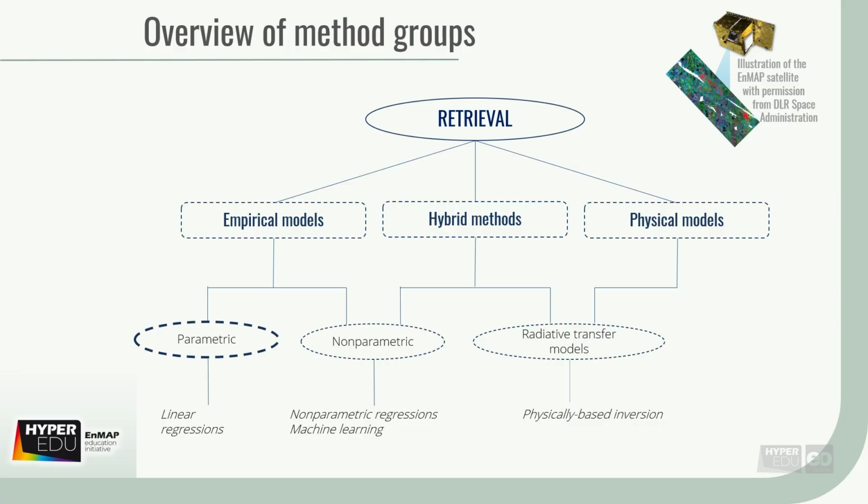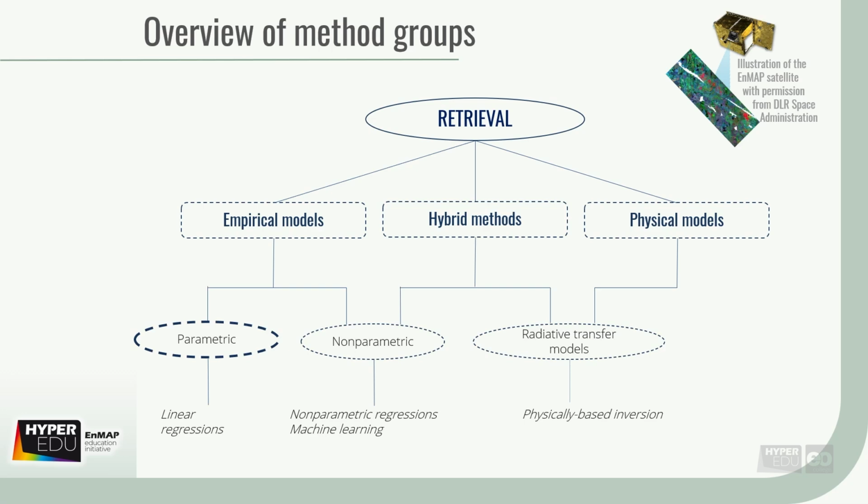Empirical models include parametric as well as non-parametric methods, such as linear regression and non-parametric regression. In our context, physical models refer to radiative transfer models that make use of physically based inversion. And hybrid methods combine non-parametric methods and radiative transfer models.